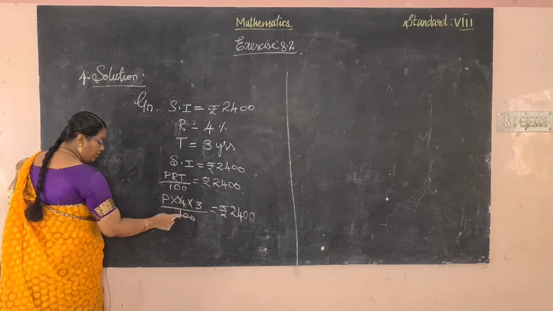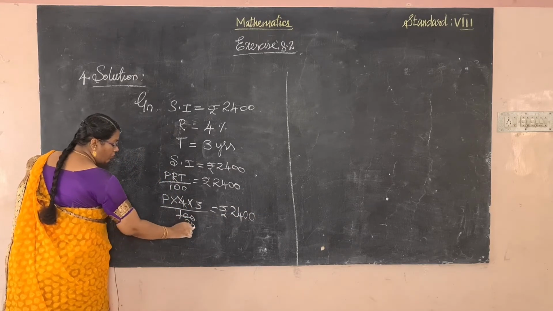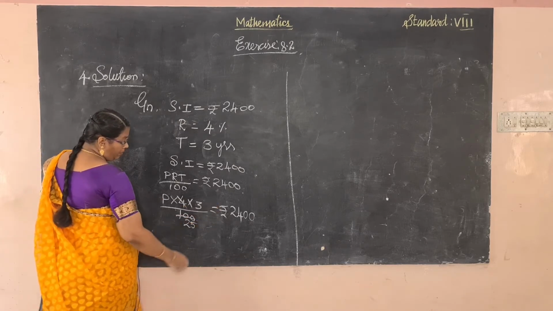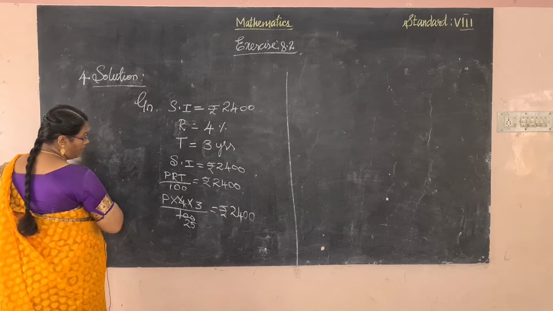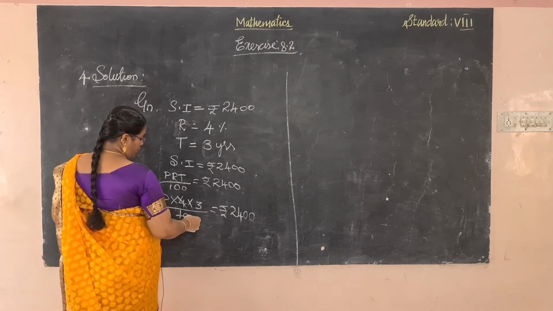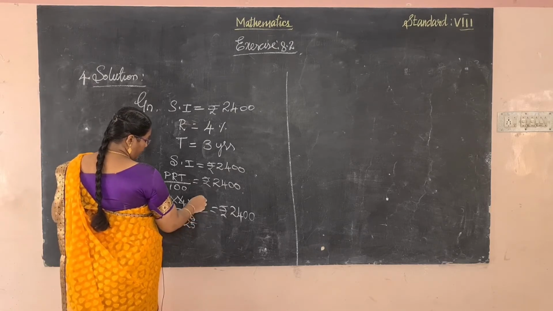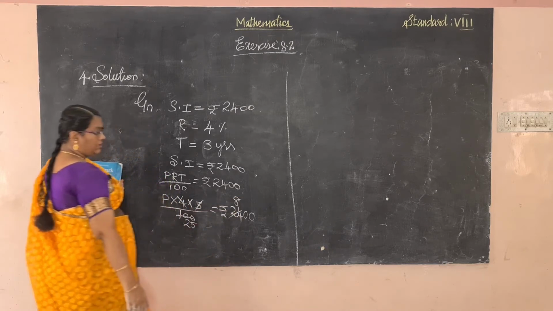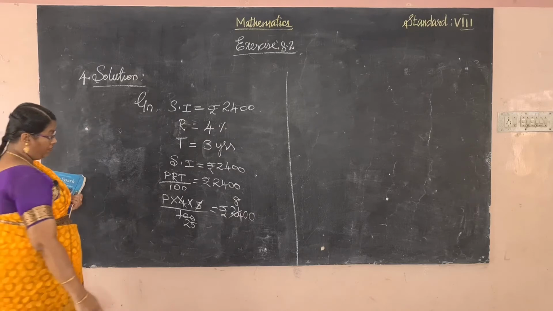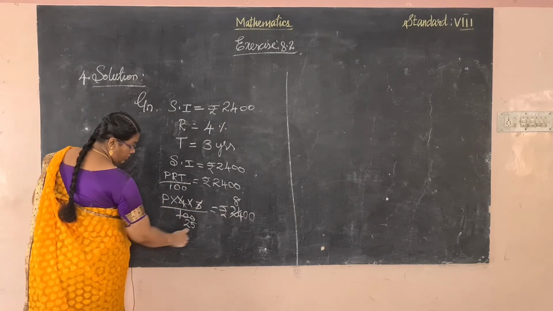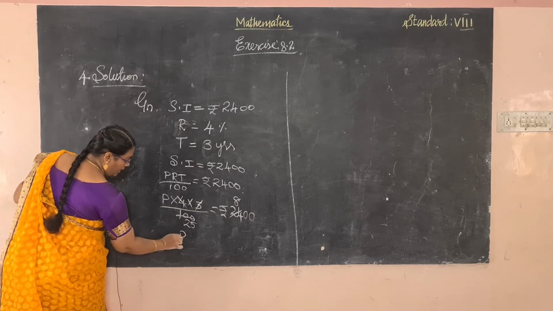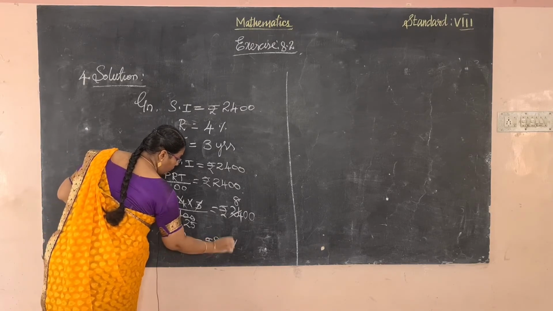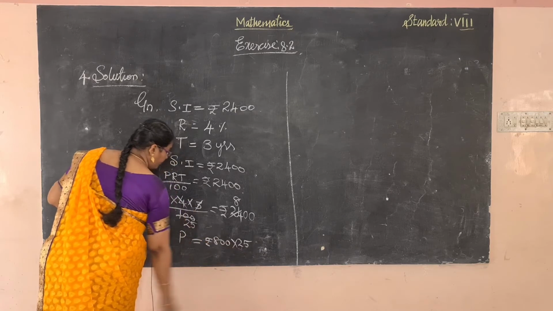It cancels in the 4 table, 4 25s are 100. Now cross multiply. 8 3s are 24. So P is equal to rupees 800 into 25.